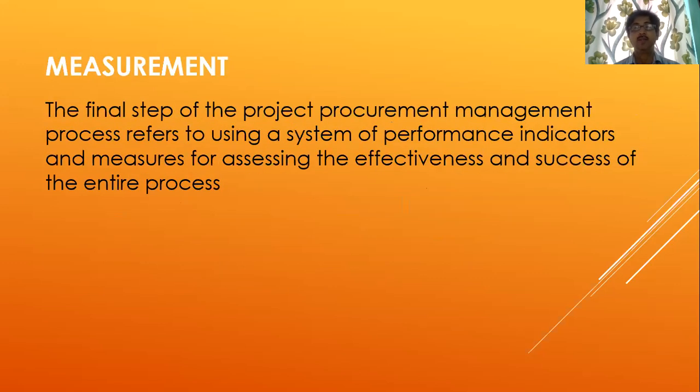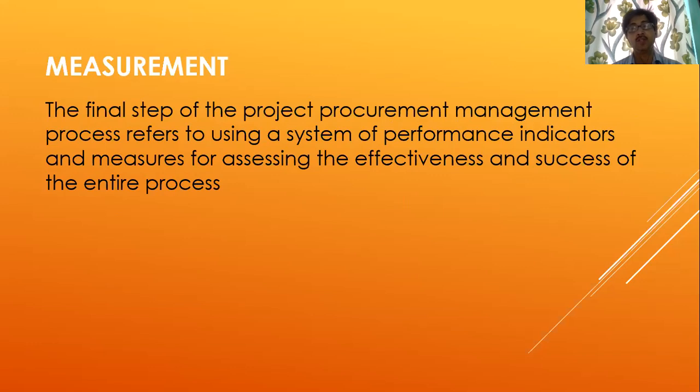And finally, the measurement. Worldwide performance measurement standards are available, or you can design and deliver your own standard as well. Whatever standard you are following, you have to see whether your entire procurement process in terms of its accuracy is complying with the performance indicators that you are using for determining the performance of the entire procurement system.